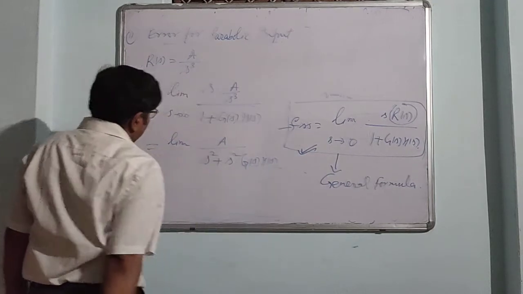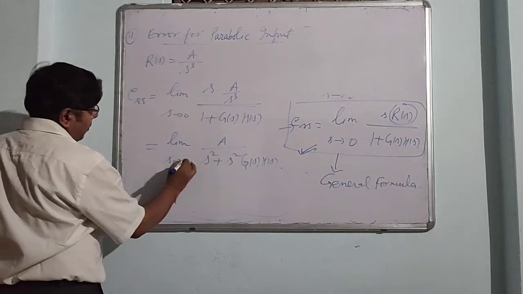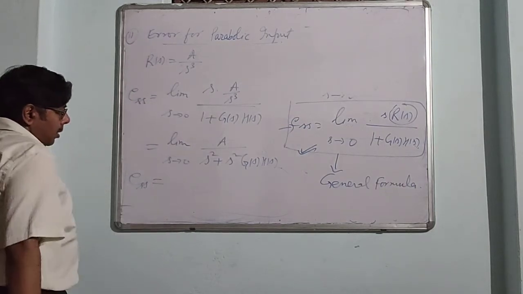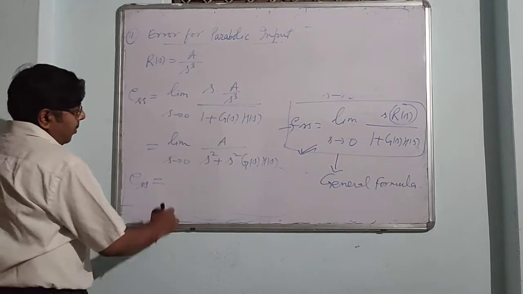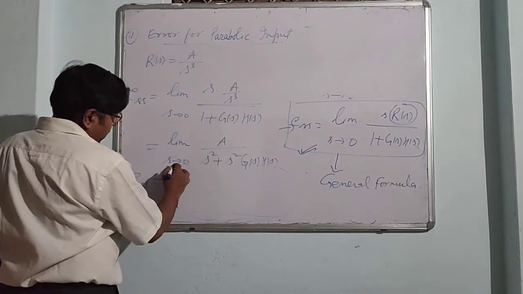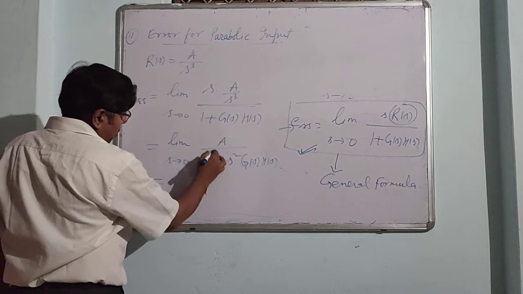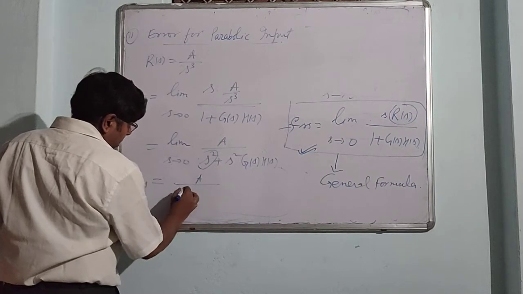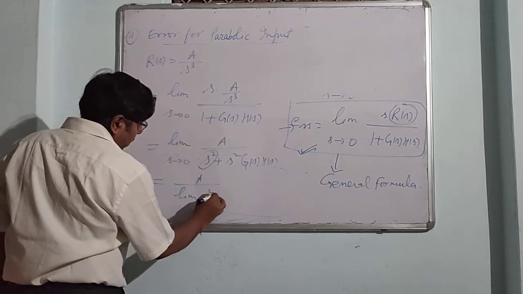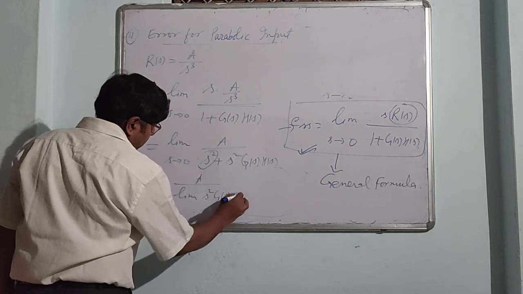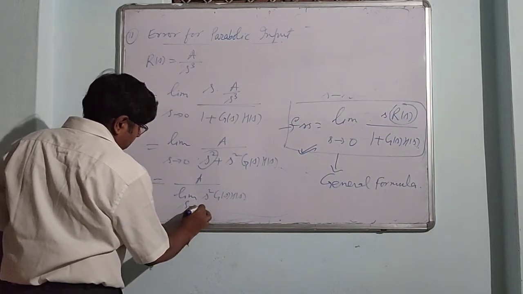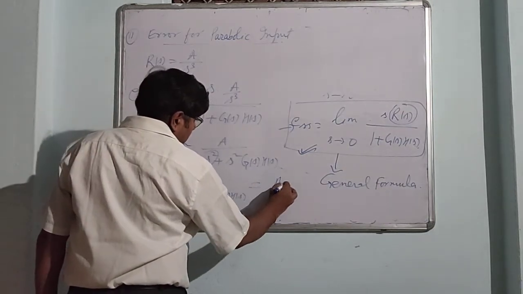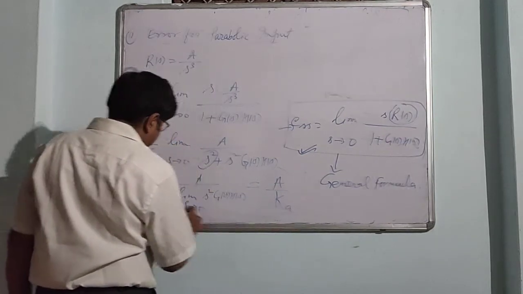So the steady state error is given by, when you put this value here, this will become 0, and steady state error is A upon the limiting value of s squared G(s)H(s), where s tends towards 0, and this term is defined as acceleration error constant.